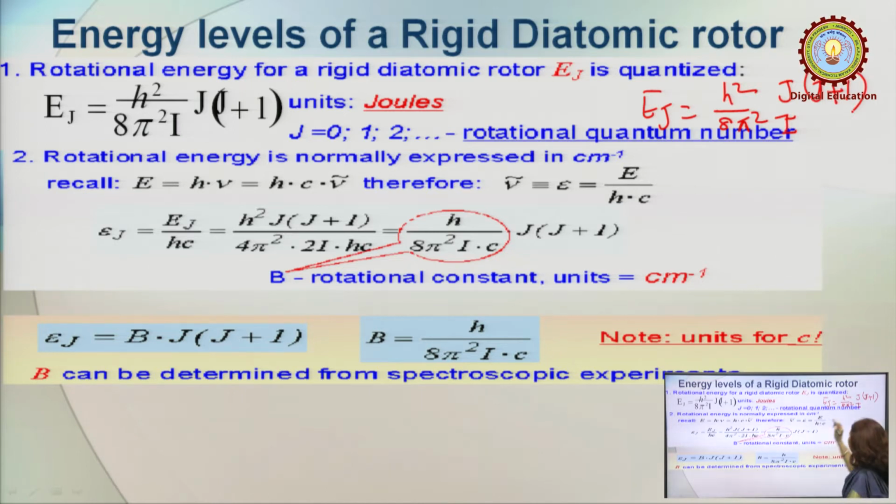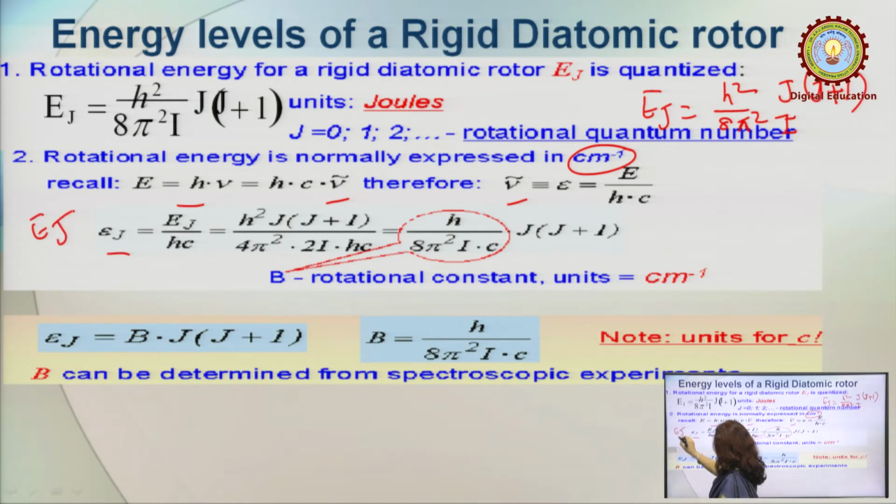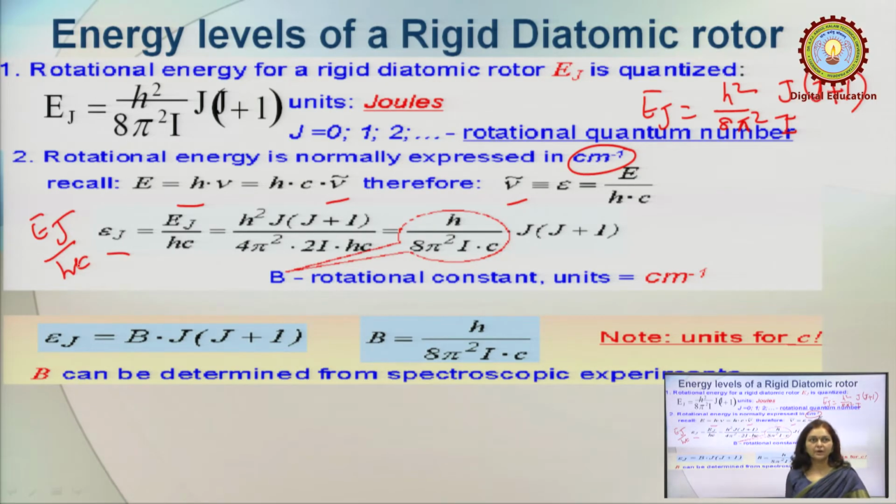While this is the rotational energy formula calculated in terms of joules, rotational energy is normally expressed in per centimeter. So, we have to convert from joule to per centimeter with the help of E equals h nu, or hc into wave number. The wave number of absorption you can calculate like this. We can divide Ej by hc to get the rotational energy in per centimeter.